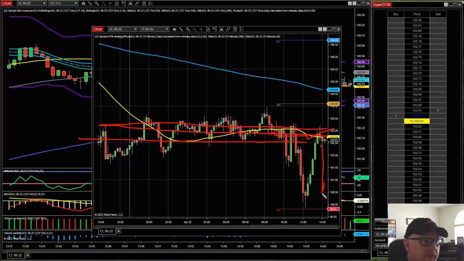But I definitely like this as a short side trader going back for the lows here. If we put in a Fibonacci extension on the 15-minute chart, you've got your 1 point, your 2, your 3, and you're going down this way, right?